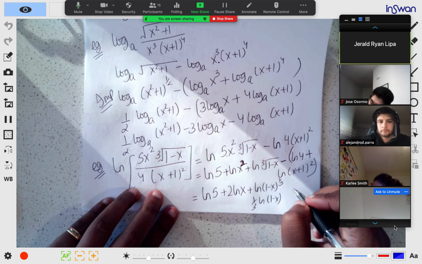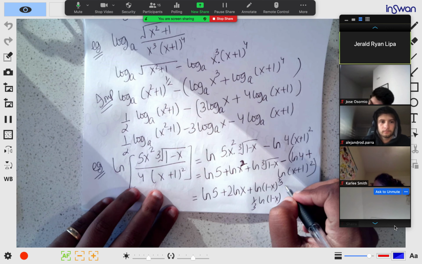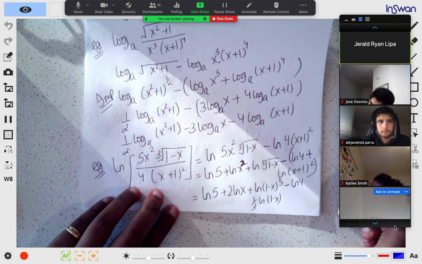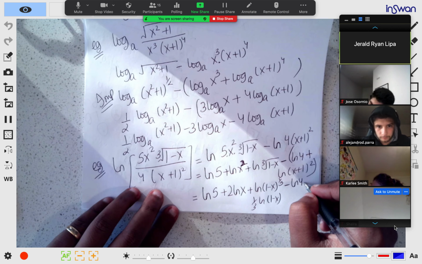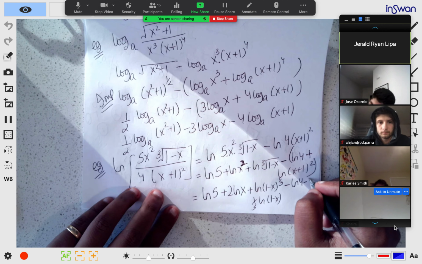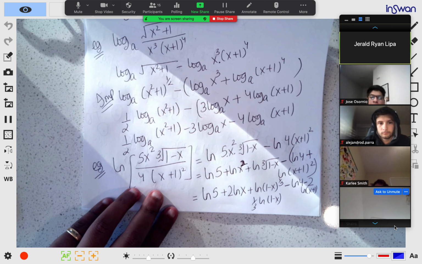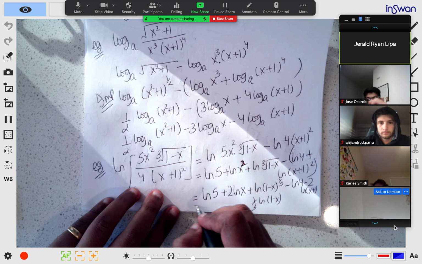Then the ln 4 stays the same, and I open the bracket so it becomes minus ln 4. And then minus 2 times ln x plus 1. Perfect. Can you expand further? No. Okay, perfect.